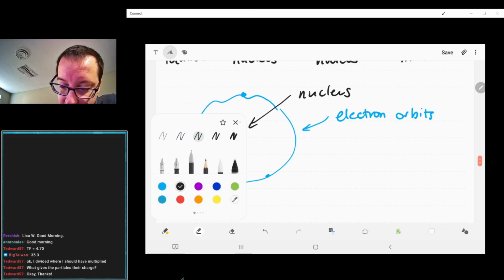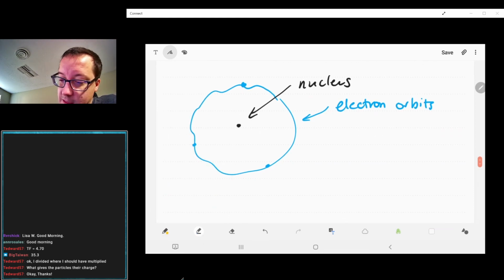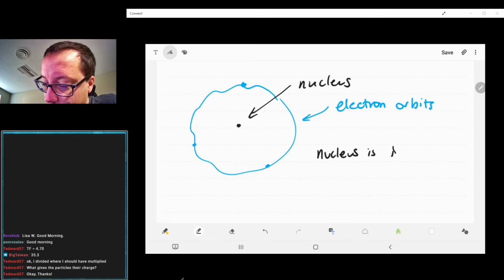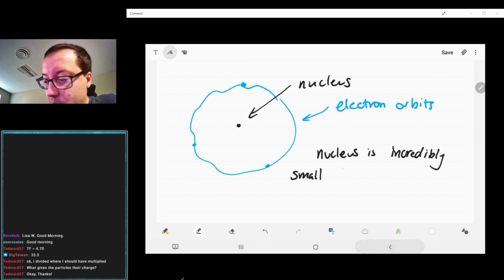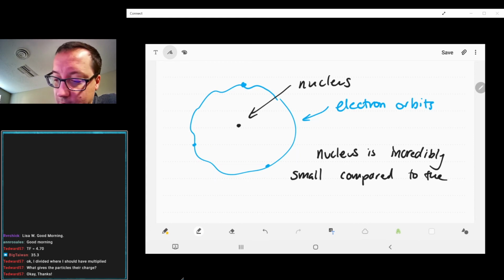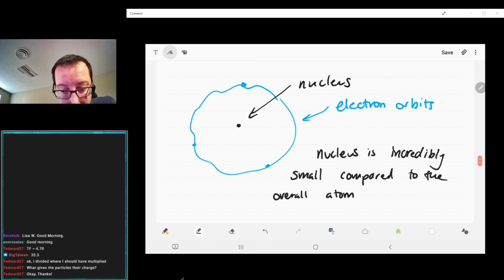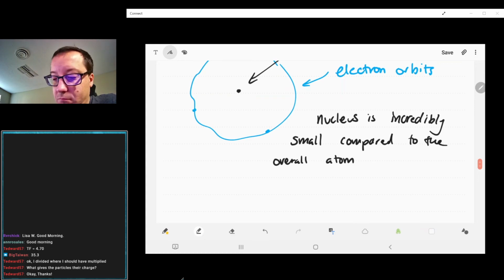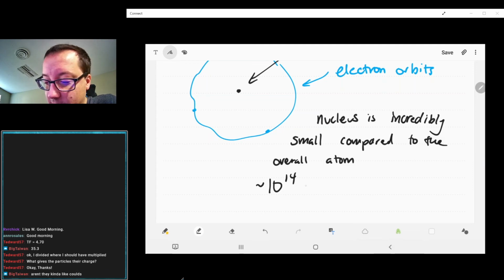A couple of things to note: the nucleus is incredibly small compared to the overall atom. If I remember correctly, something like 10 to the 14th of an atom is empty space.